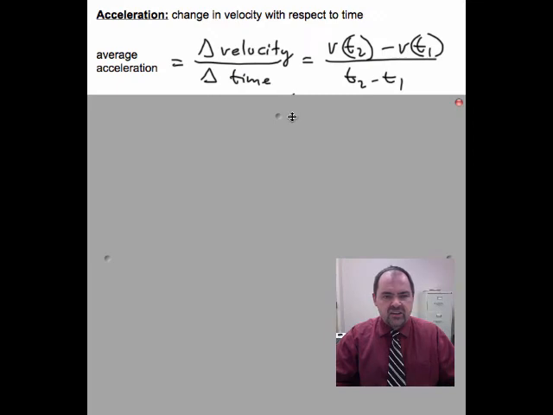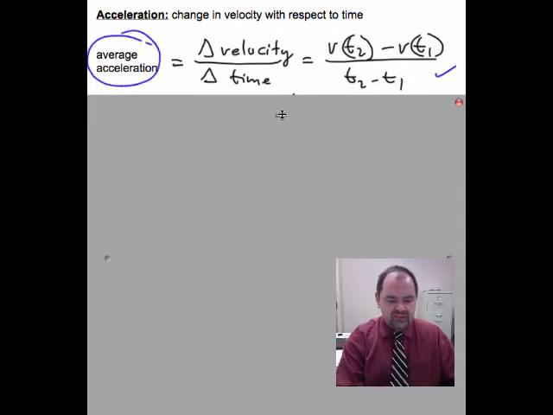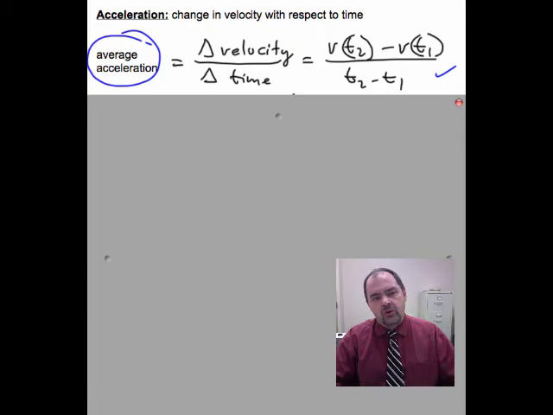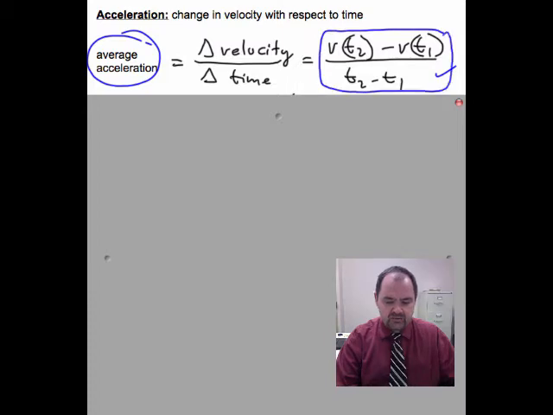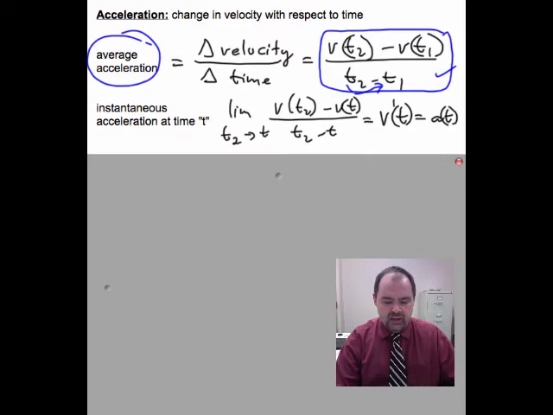So acceleration is the change in velocity over the change in time by definition. And this calculation will give us average acceleration. Just like with velocity, if we take the limit of this expression, if we make t2 approach t1, if we take an average acceleration over a smaller and smaller interval, we approach an instantaneous acceleration.